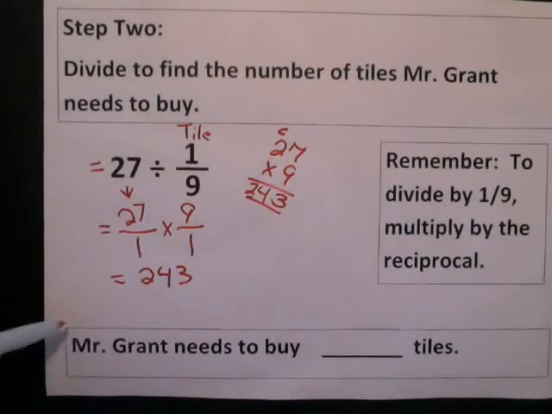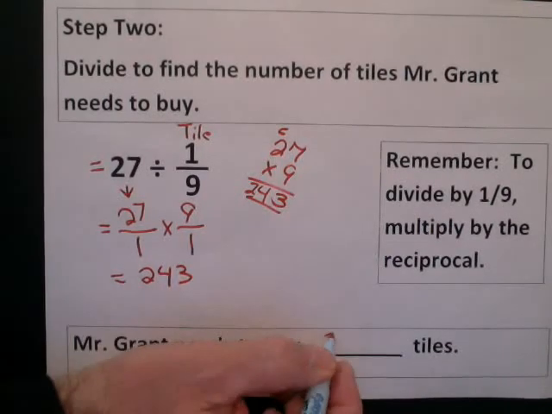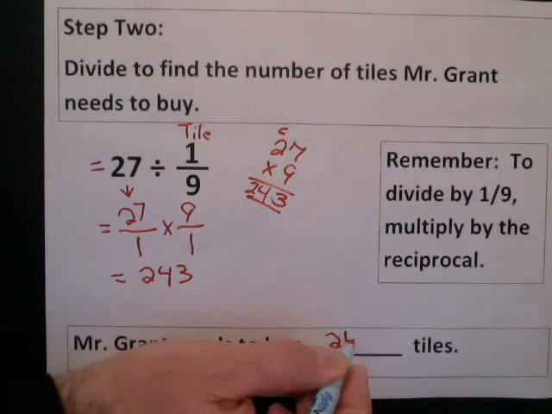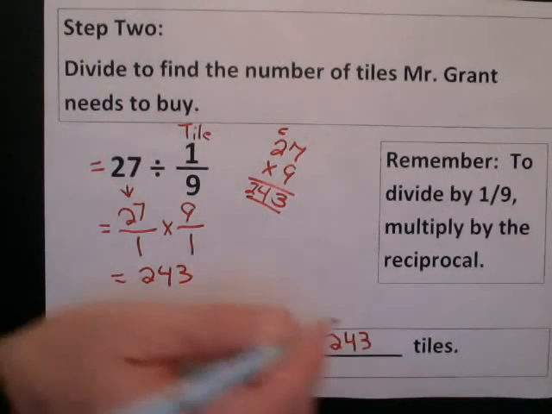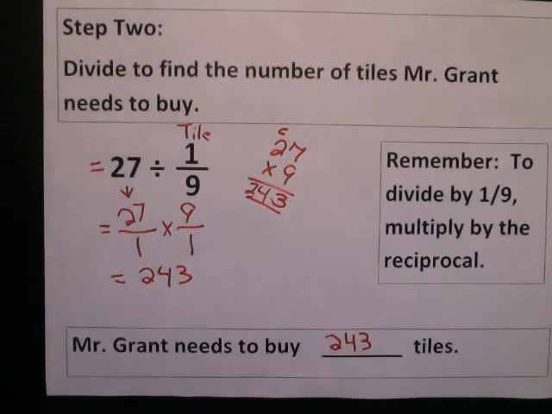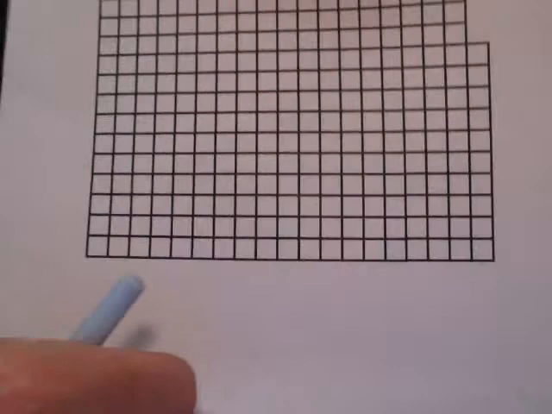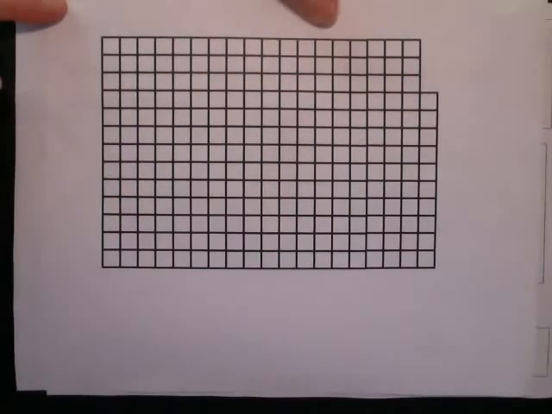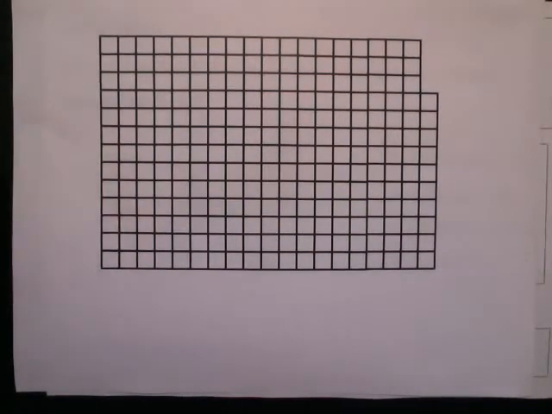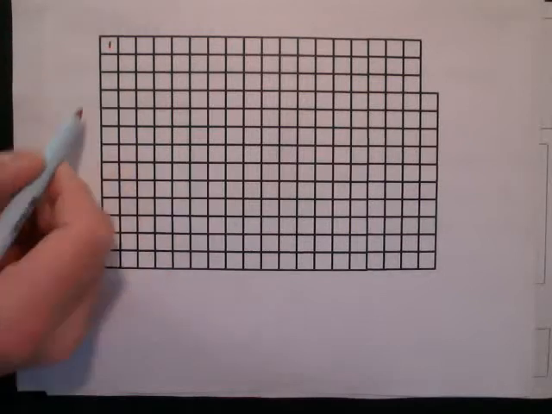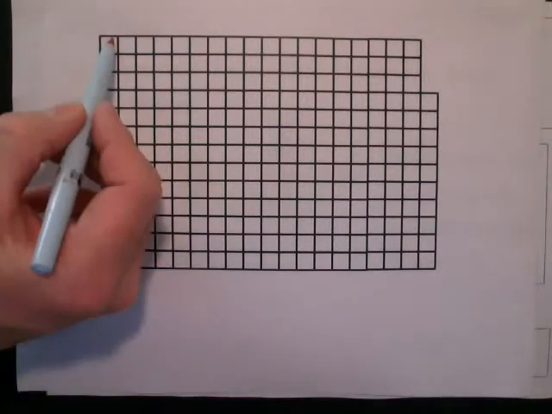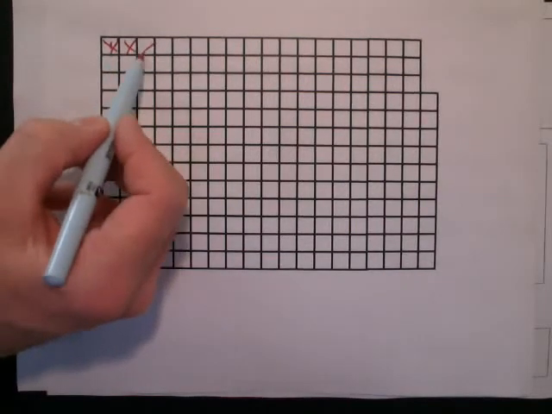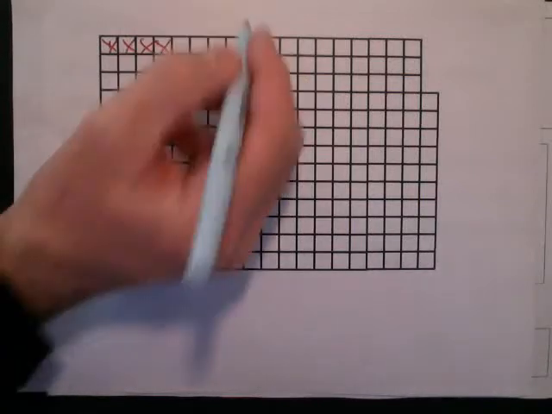All right? So Mr. Grant needs to buy 243 tiles. Now, what that looks like is this. So he's going to need 243 tiles to cover his entire room.